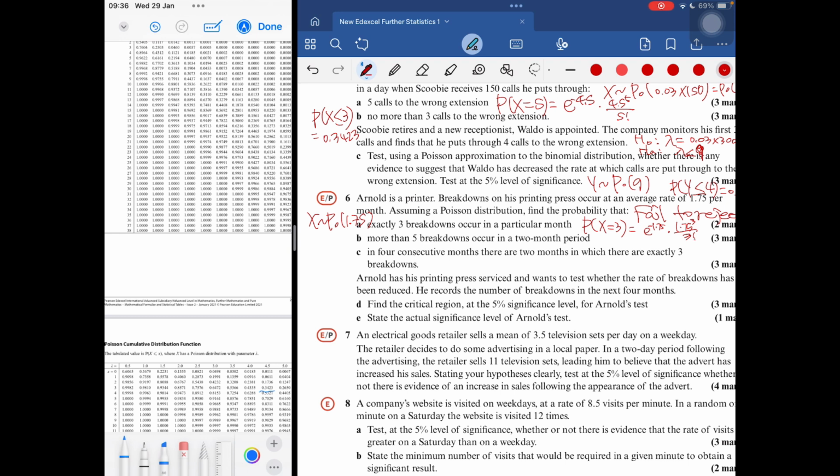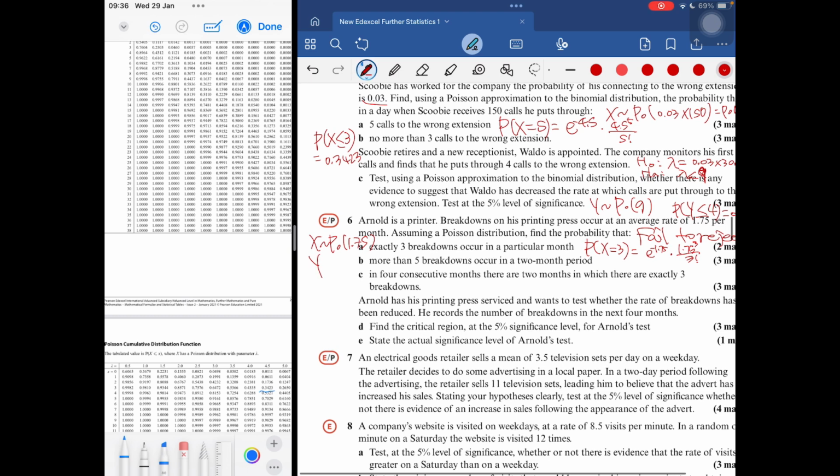More than 5 breakdowns in a 2 month period. So now we are saying 2 months, which is 3.5. So more than 5 breakdowns. The probability Y more than 5 means 1 minus the probability of smaller or equal to 5.